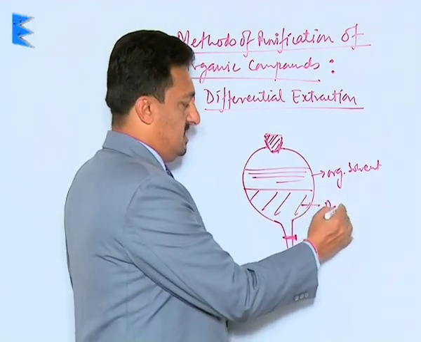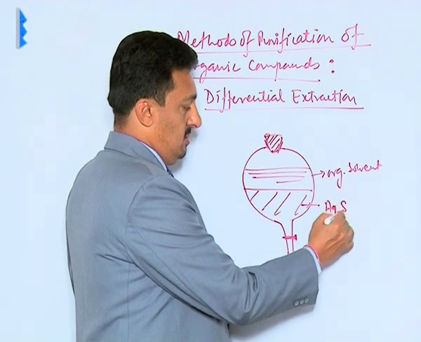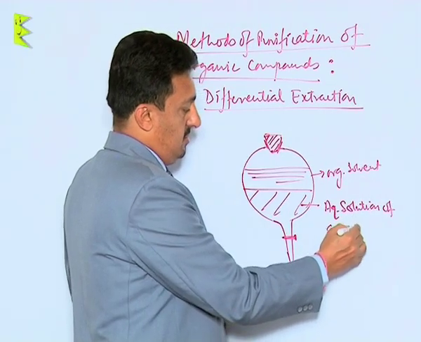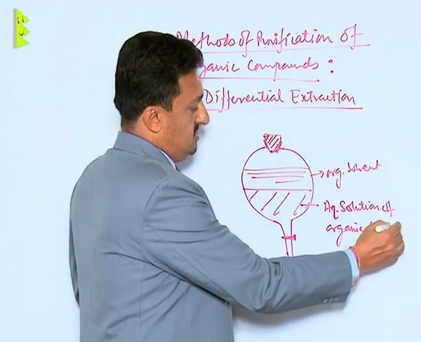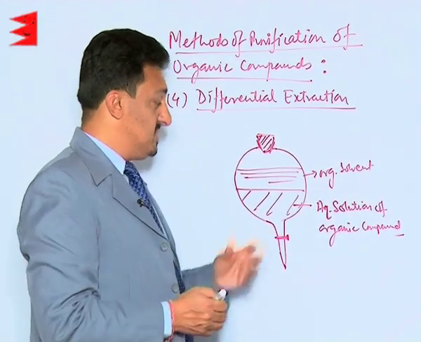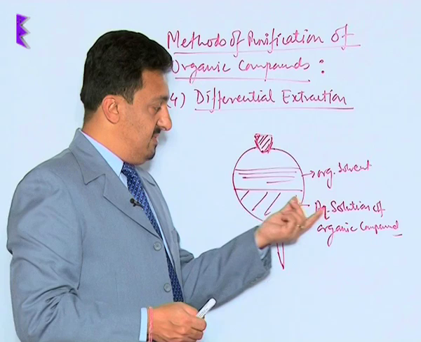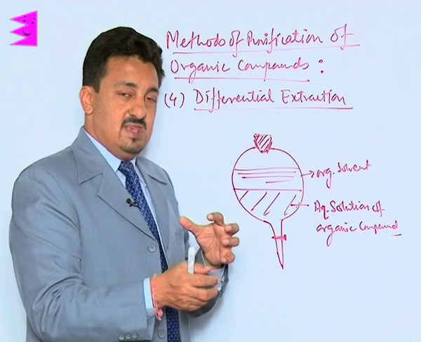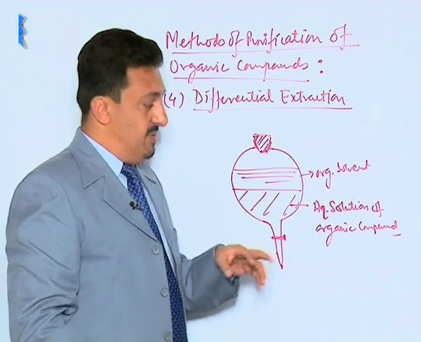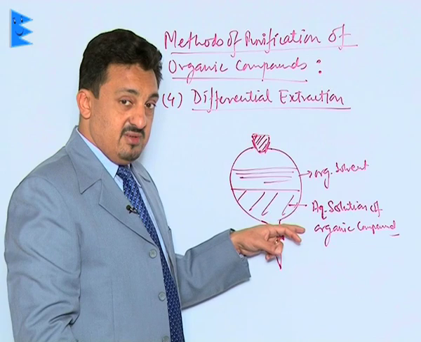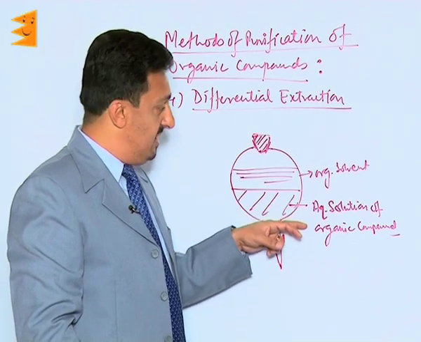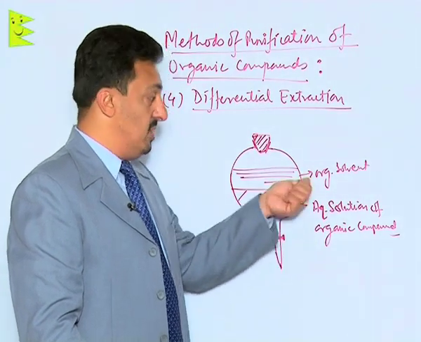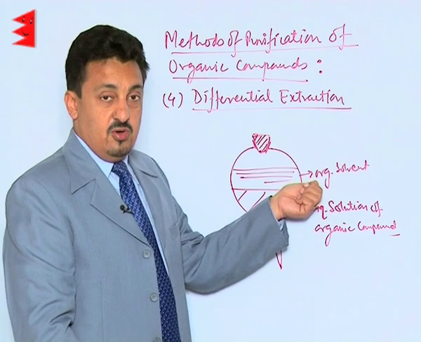And this is the aqueous solution of the organic compound. After taking this aqueous solution of the organic compound in this separating funnel and then adding the organic solvent, the whole separating funnel is shaken vigorously, so that the organic substance comes out of this aqueous medium and gets dissolved in the organic solvent, because this organic compound is more soluble in organic solvent.